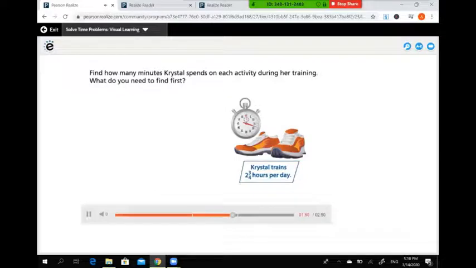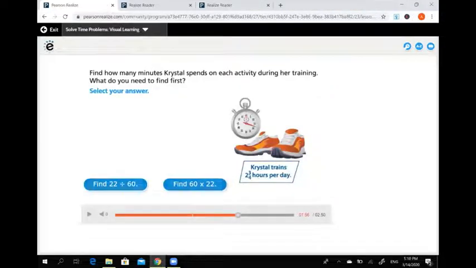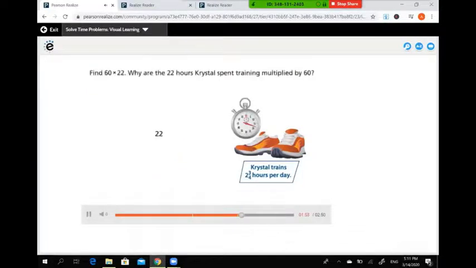Find how many minutes Crystal spends on each activity during her training. What do you need to find first? Select your answer. We should multiply 60 times 22.